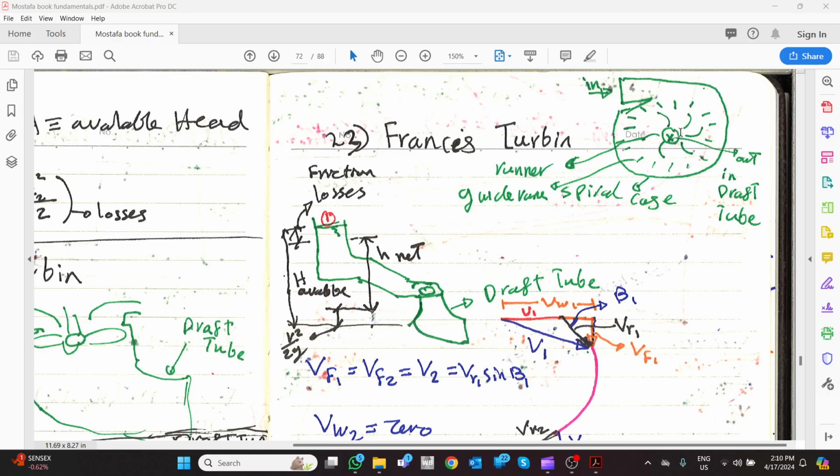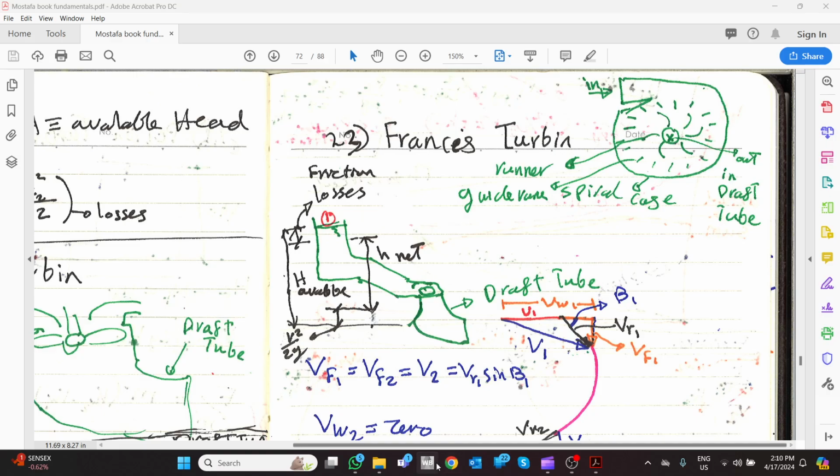We are converting this head by any method or other to kinetic energy. And this kinetic energy, I need to absorb as much as possible.